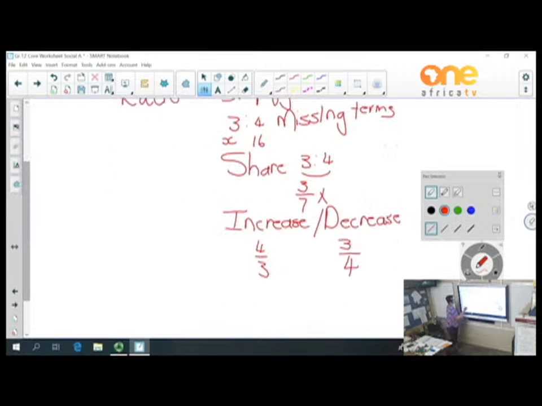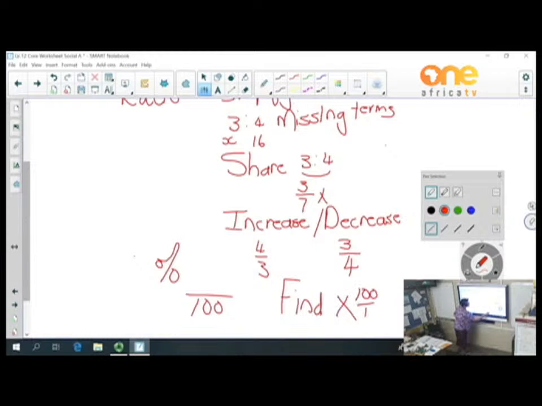Another thing that we need to remember is percentages. Remember, whenever you see that sign, it is over 100. And then the other method is to find a percentage. Then we multiply with 100/1. That's how you find the percentage. You see the percentage, you put it over 100.